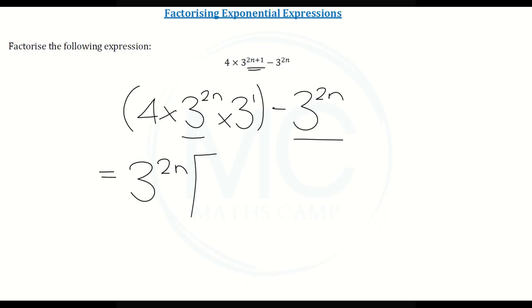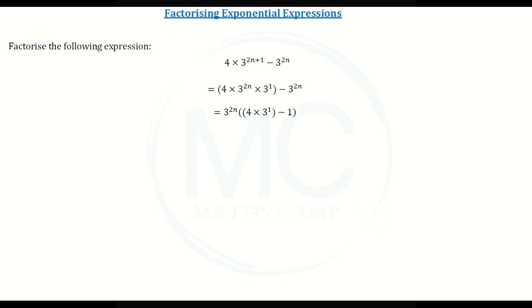Let's open a big bracket. We're left with 4 multiplied by 3. So I'm going to say 4 multiplied by 3 to the power of 1, which is simply 3, minus 3 to the power of 2n divided by 3 to the power of 2n leaves us with 1. Let's close our bracket. Now we can simplify the values inside these brackets.